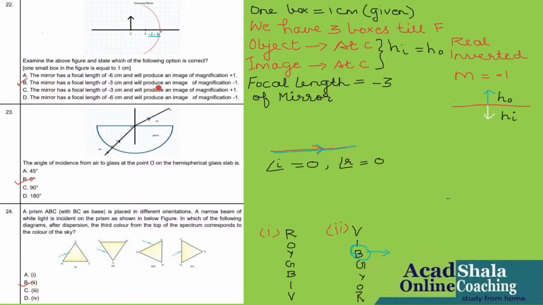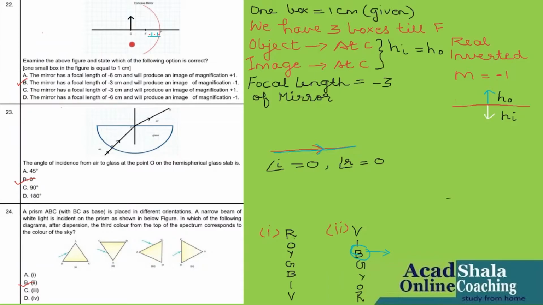Now, according to the demand of the question, we also have to calculate the magnification. We know that magnification is equal to height of the image over height of the object, which is equal to 1, because the height of the object and the height of the image are almost the same. The object is kept at the center of curvature and the image is also formed at the point C, that is, the center of curvature only.